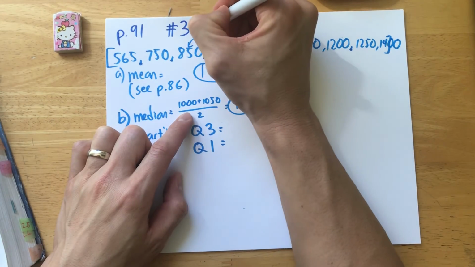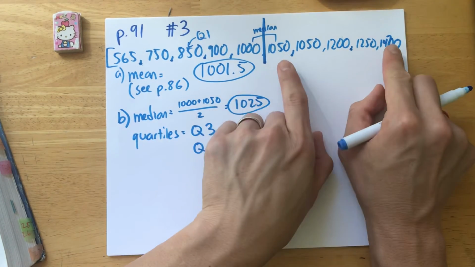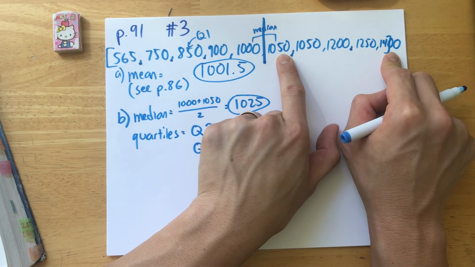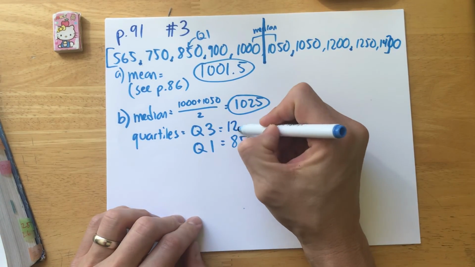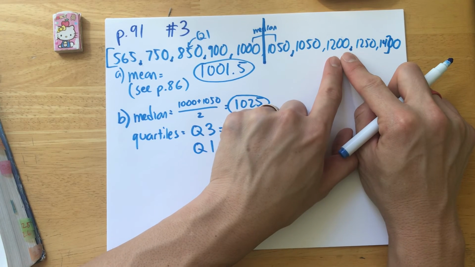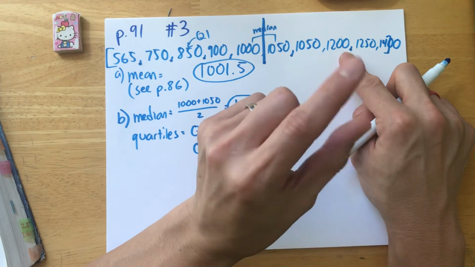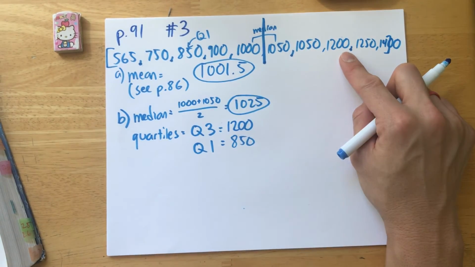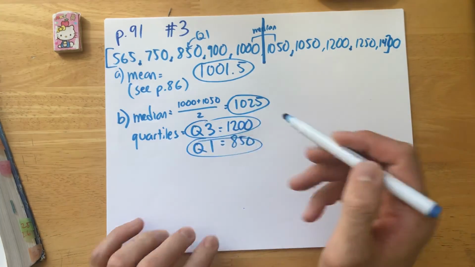This is quartile 1. Over here, the middle of these 5 values is your quartile 3, which would be 1,200. If you have 2 values for your Q3 or Q1, you do just like you did with the median: find the middle value and take the average of the 2.